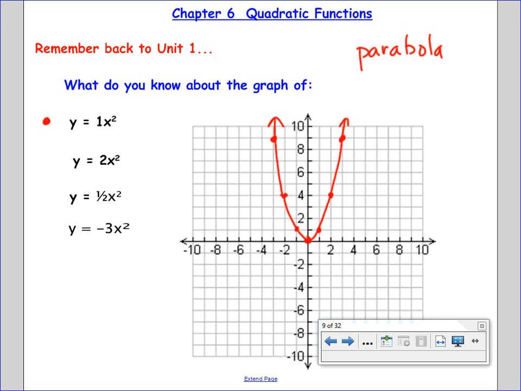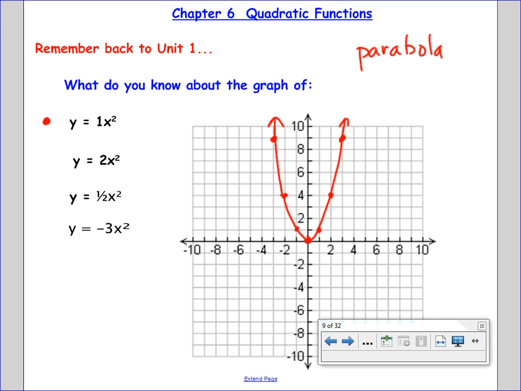Who had a similar description to Lucas? Okay, so we've got two different descriptions, and I would agree with the majority. If the number is greater than 1, then every y coordinate is going to be that many times taller. And so if I had y equals 2x squared, guess what?